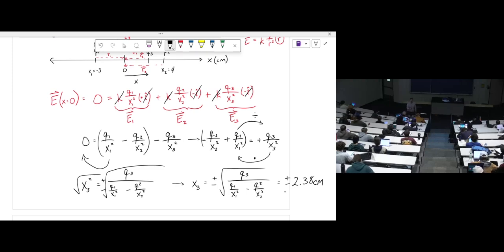And again, we now have to rationalize by inspection, since the mathematics gave us two answers, plus or minus 2.38 centimeters. Which one is correct? The positive one, because we already reasoned out what directions things had to go based off of the physics. So the math can usually only get you so far.